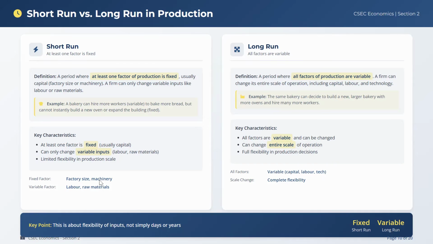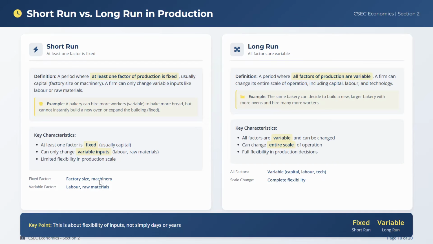That is how we distinguish between the short run and the long run. And we do work on the differences between the short run and the long run later on. So it's important that we understand the difference.